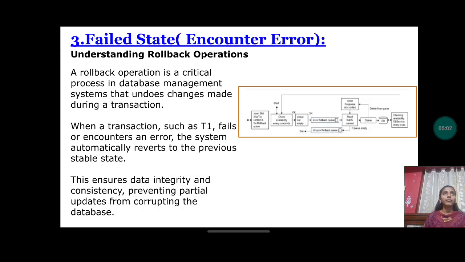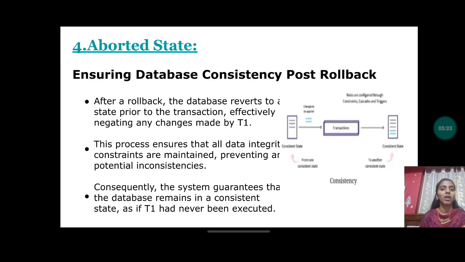The failed state refers to the case when an amount of 100 is transferred from account A to account B. The amount is written as debited in account A, but the amount is not written in account B, so a fluctuation happens and the system gets an error. In this situation, the rollback operation is performed.